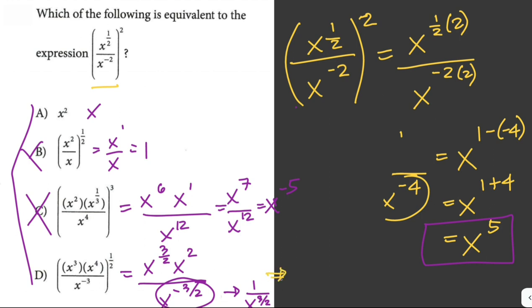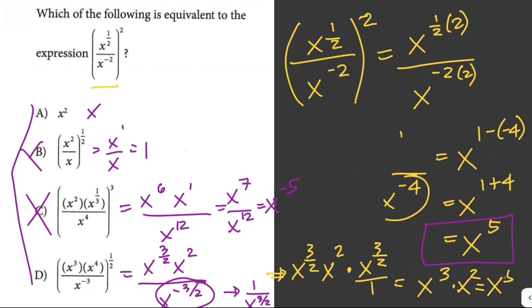So this would be x to the 3 halves times x squared times x to the 3 halves over 1. And x to the 3 halves times x to the 3 halves is just x to the 6 over 2. So this is x cubed times x squared, and then it's just equal to x to the 5th. Therefore, the answer is letter D.